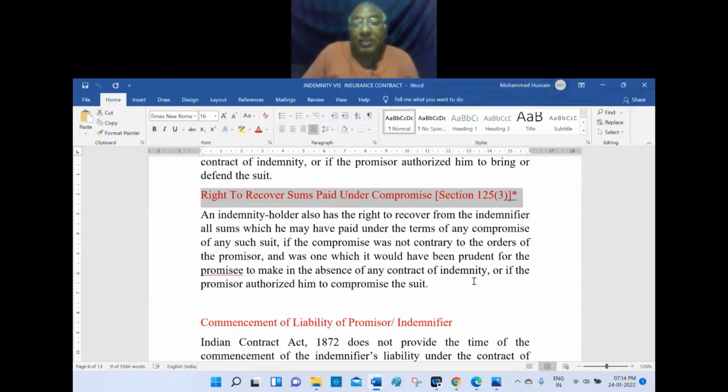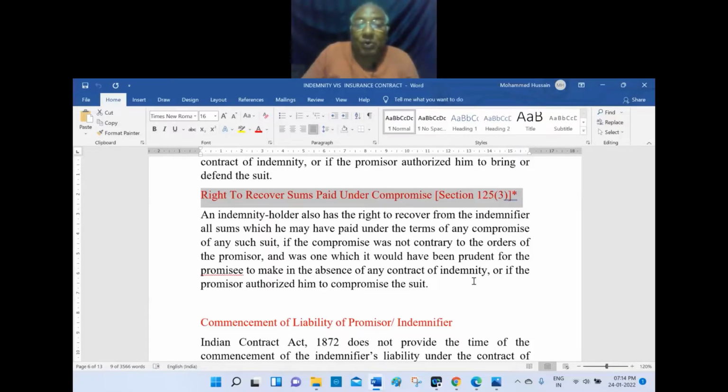If a compromise is made between the victim and the indemnity holder, whatever amount is paid by the indemnity holder to the victim will be reimbursed by the indemnifier, that is the insurance company, if the compromise is not contrary to the orders of the promisor and was one which it would have been prudent for the promisee to make in the absence of any contractual indemnity.